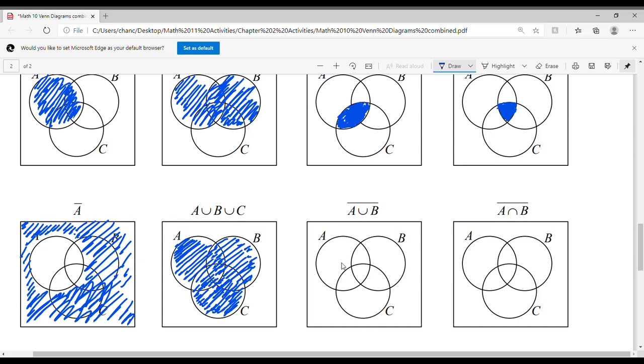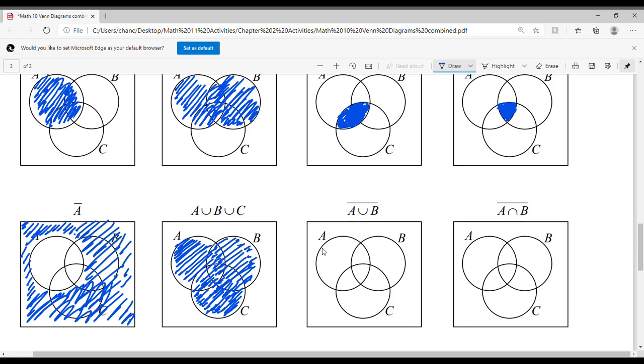Now we're going to get to the good stuff. A union B complement. We already did this in the previous worksheet, but we'll do it again. I can look at A union B first. A union B would be this region here. A union B would be circle A, circle B, and the overlaps.